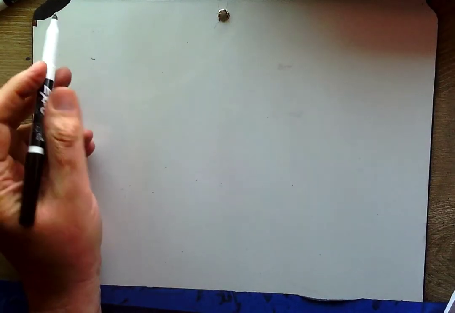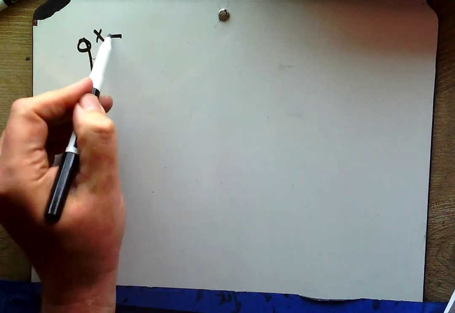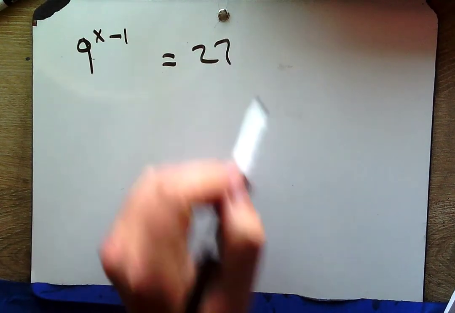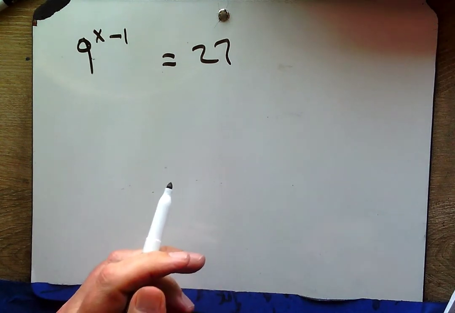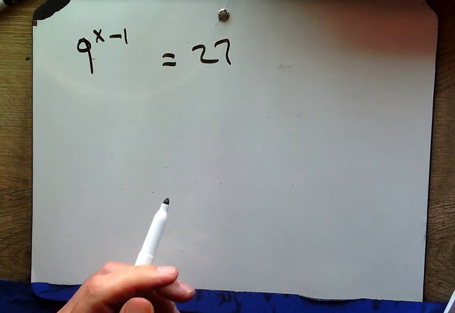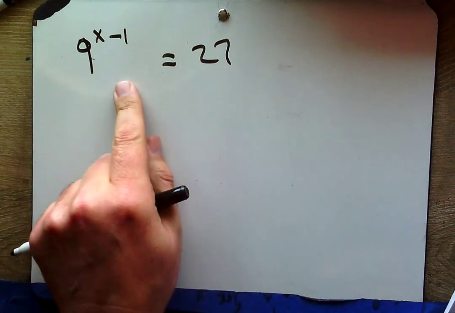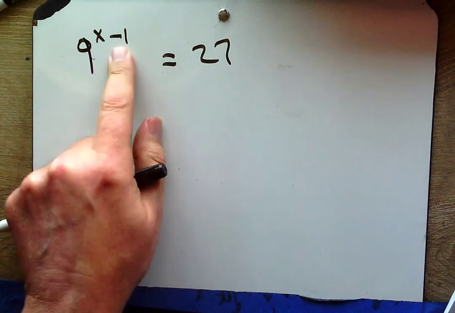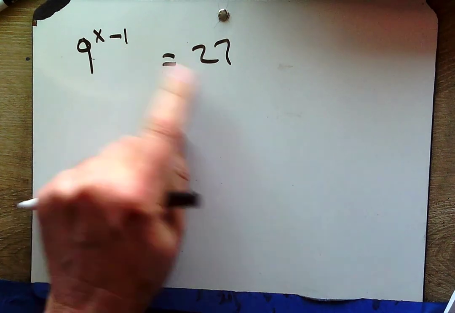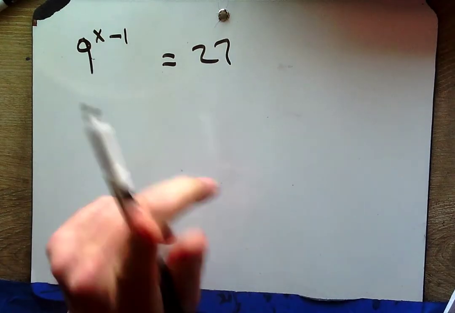How about 9 to the x minus 1 equals 27? We solve that equation. I mean, I'm still thinking about this graphically. Horizontal line, exponential growth curve, shifted right 1, they intersect somewhere. Only once.